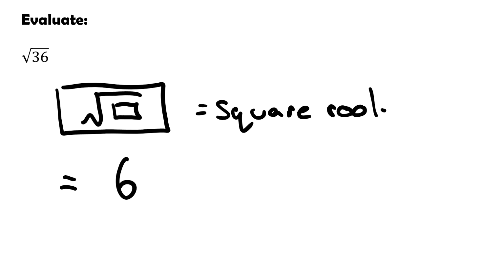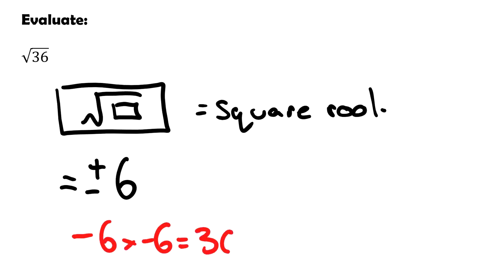It's important to remember that you need to add the plus or minus, because minus 6 times minus 6 gets me 36, but 6 times 6 also gets me 36. So you need to add that plus or minus out the front.